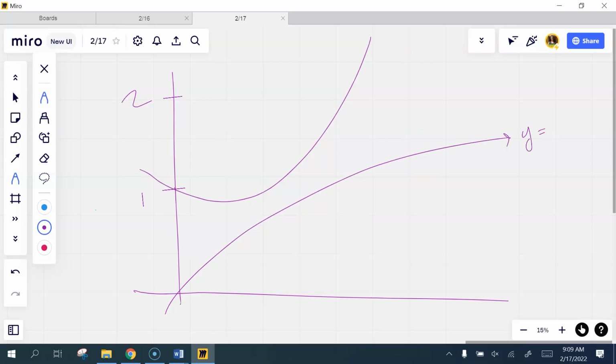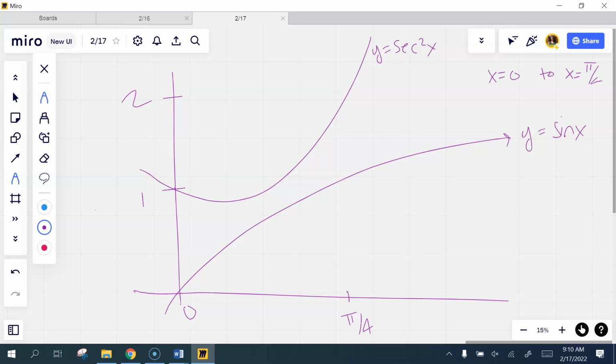This is sin x. This is secant squared x. And I want to find the area between the two curves from x equals 0 to x equals pi.